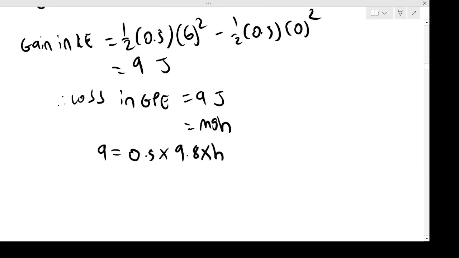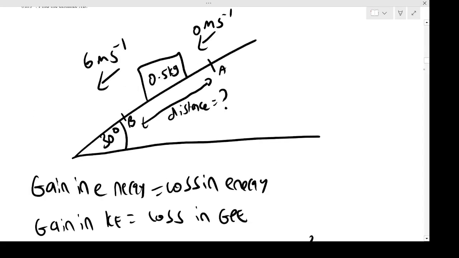I can work out a vertical height: 9 divided by 0.5 times 9.8. H gets me 1.837 meters to 3 decimal places. That's my height, this height here.